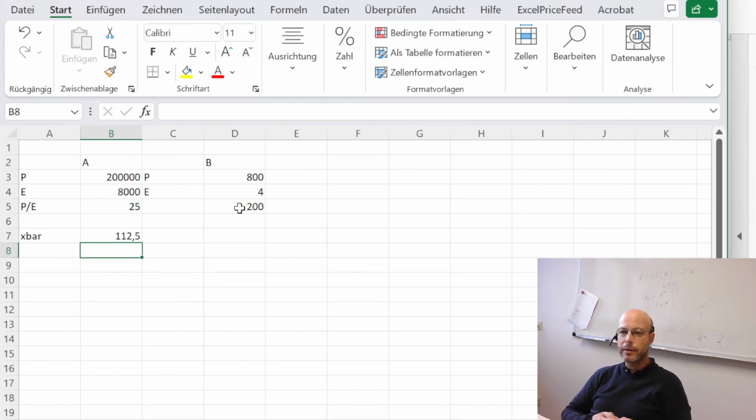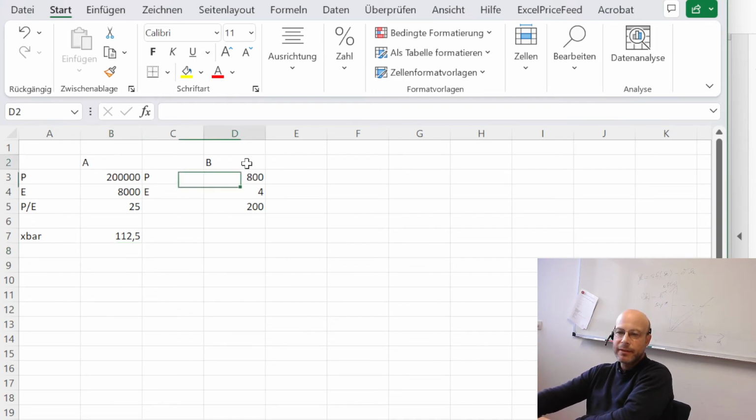And do you think that if you take as an investor an index of these two firms, a very large and a very small firm, that on average you would have a price earnings ratio of 112.5? Of course, this could not be right. Why? We have a very small firm with a very high price earnings ratio of 200 and this very large firm.